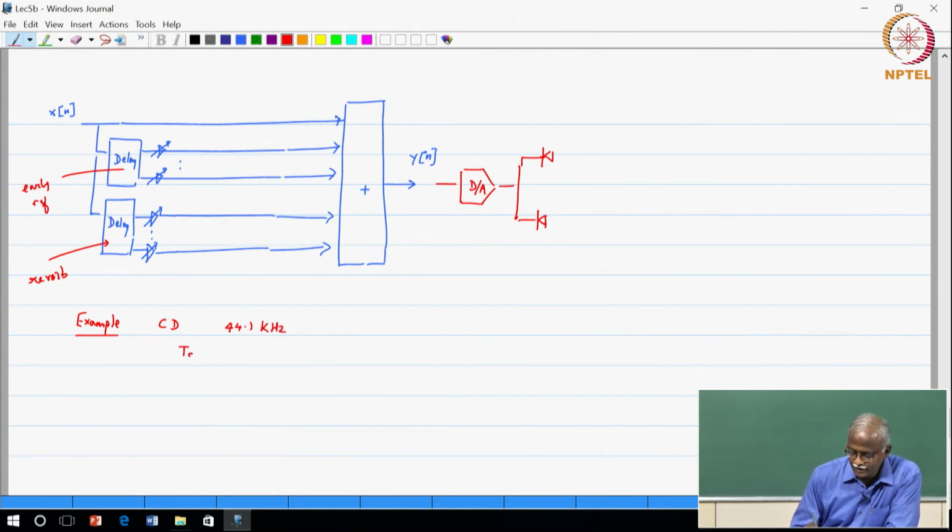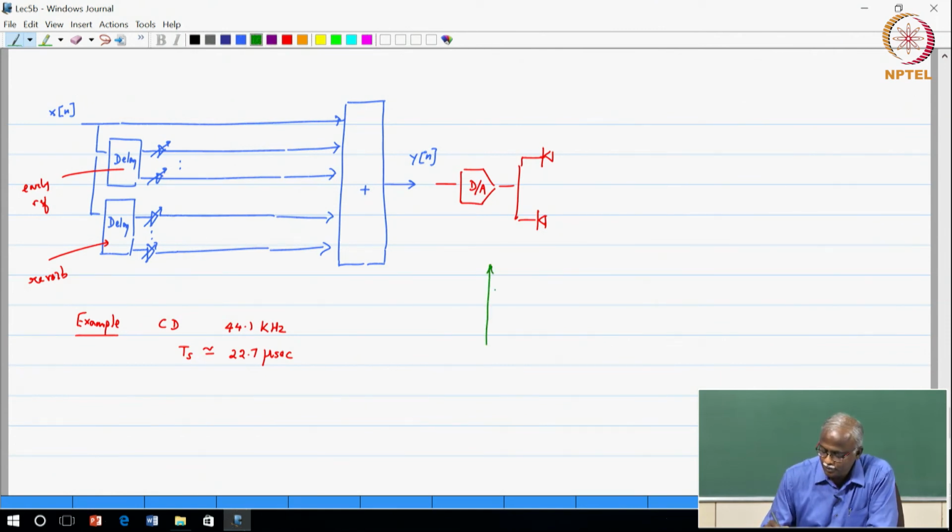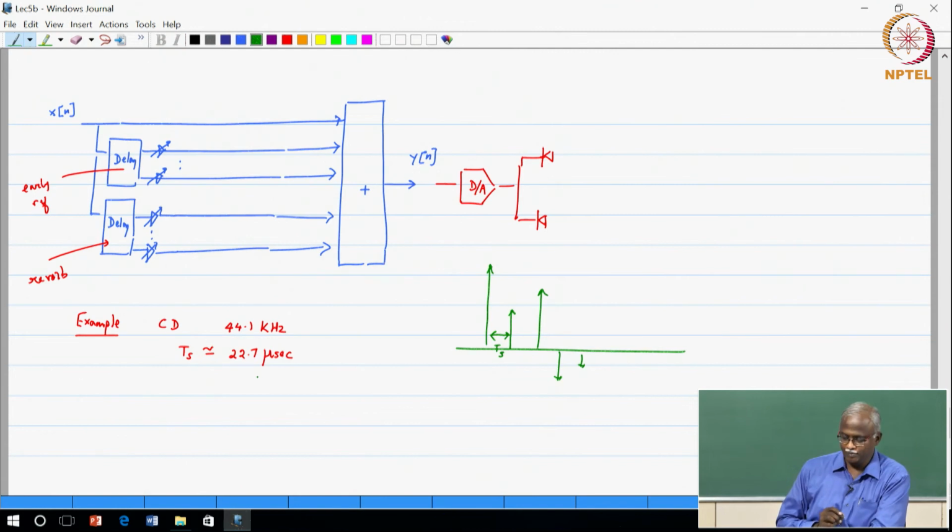Sampling period is approximately 22.7 microseconds. The samples of your music are coming at a sample spacing of 22.7 microseconds. This spacing is your TS, which is 22.7 microseconds.